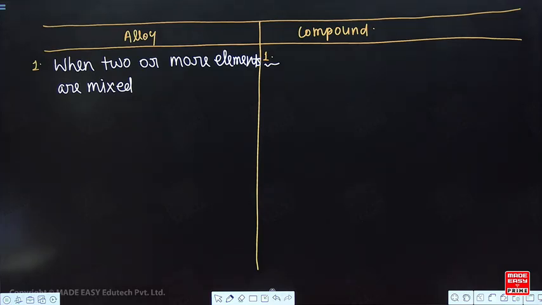Full stop. In compound we will write: compound can have different properties than those of constituent elements.